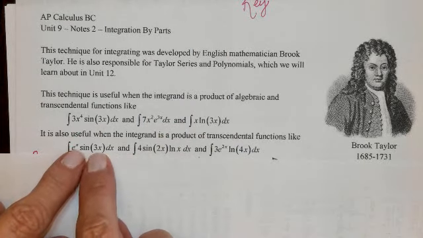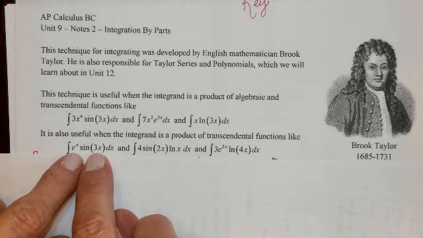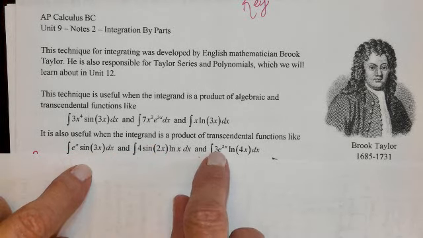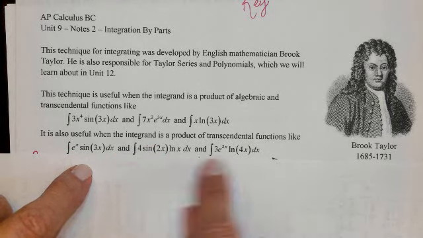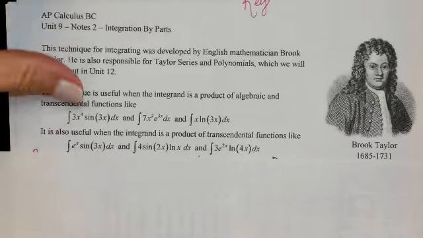Or when you have a product of two different transcendental functions, maybe e to the x times a sine, or a sine times a natural log, or an e times a natural log. Those are cues also to use integration by parts. But the theory behind integration by parts works for everything. The theory is the theory, so it's not just for those situations.